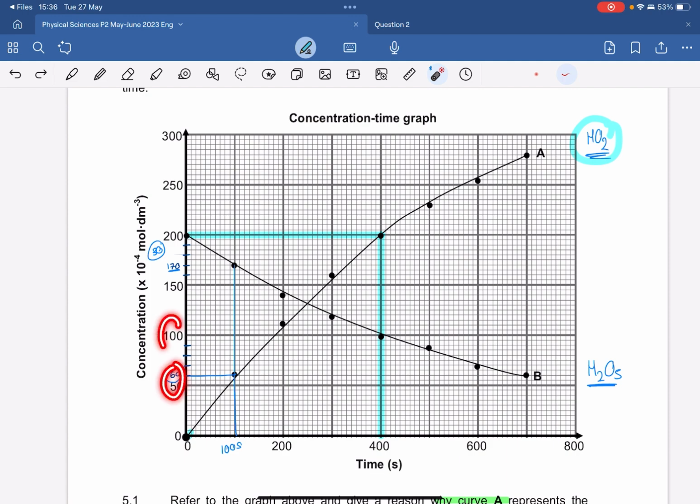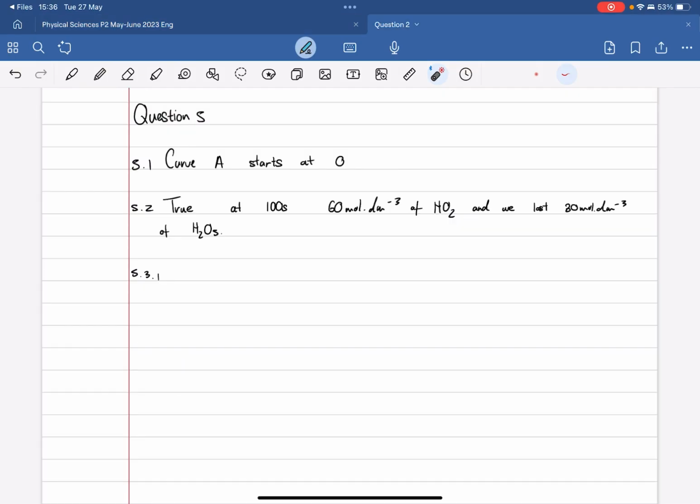That means all of these values need to be multiplied by 10 to the minus 4. So it's not just 200 moles per decimeter cubed, it's 200 times 10 to the minus 4 moles per decimeter cubed. So at 400 seconds, the concentration of NO2 is 200 times 10 to the minus 4 moles per decimeter cube.